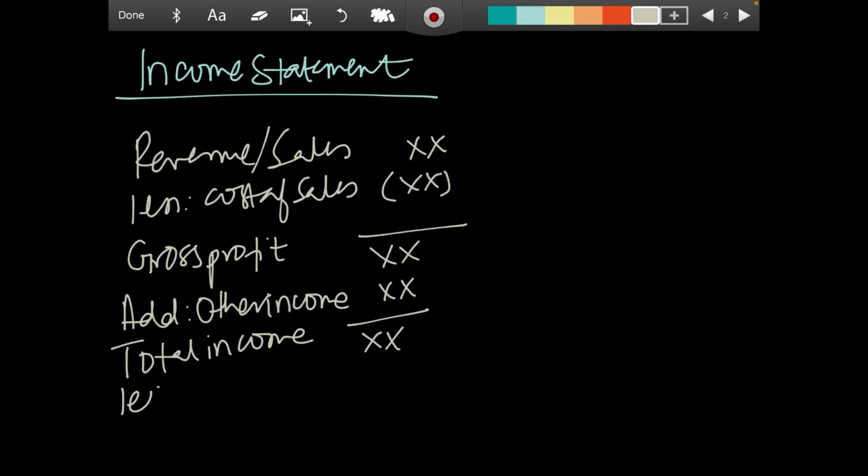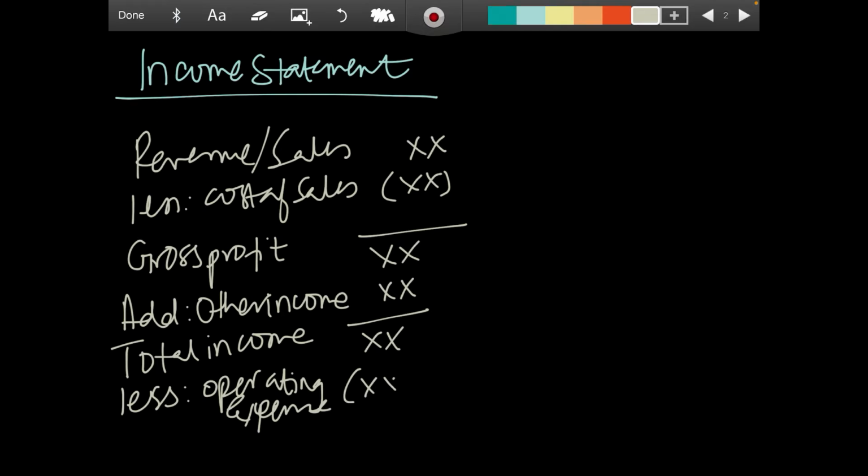Now we will subtract operating expense from our total income. Now what is operating expense? It's all of the expenses except for the finance cost, which are the tax or the interest on loan.